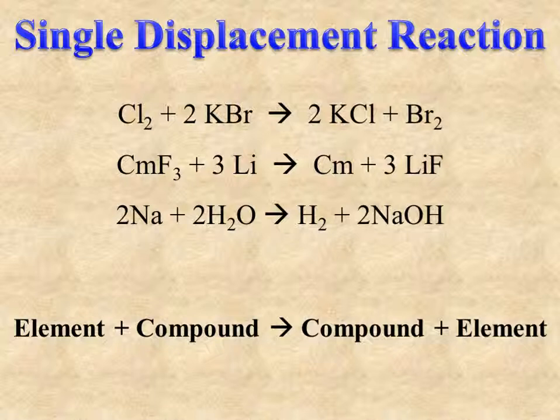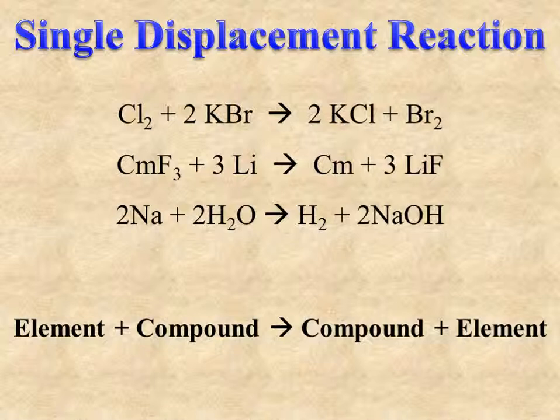Now when we look at these examples, how do you know which element the free element is going to try and displace? We need to ask ourselves, what kind of element is it, and what kind of charge would it typically take on? So in the first case here, chlorine's a nonmetal. Nonmetals like to gain electrons, so when it comes up to the potassium bromide, so to speak, it's going to try and displace the bromine, because in the case of ionic compounds, opposites attract.